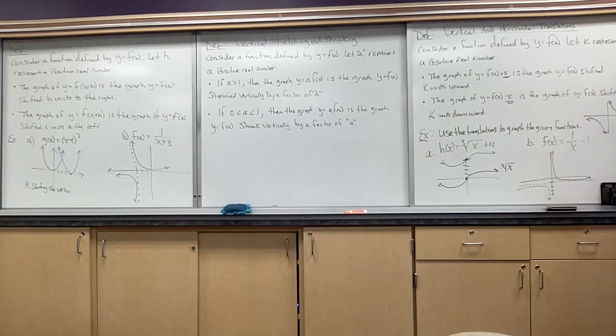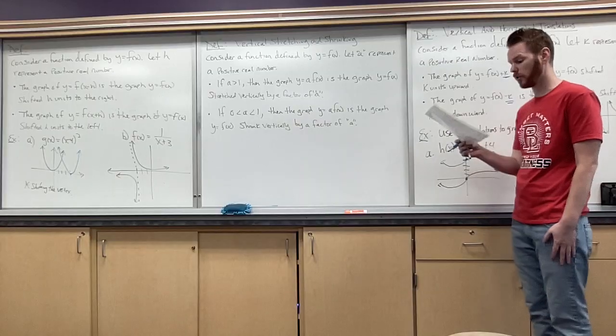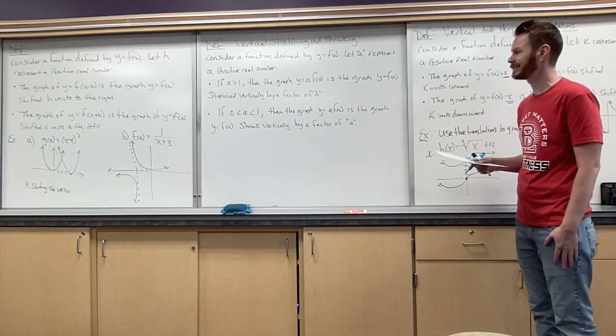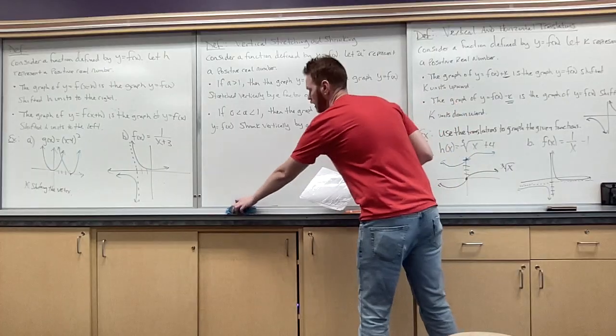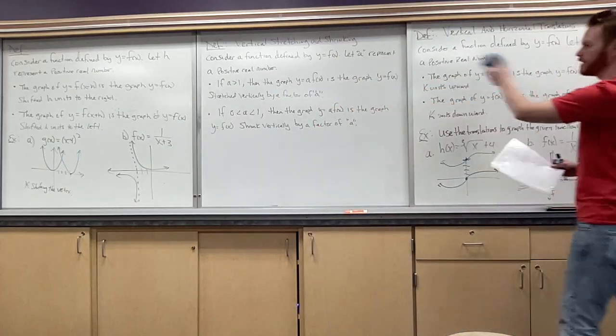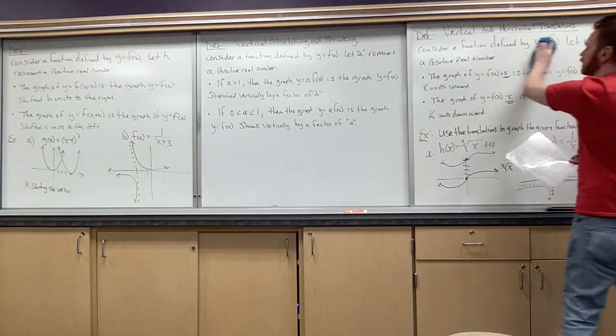So that's the vertical stretching and shrinking. Now we're going to talk about horizontal. Tell you what, I'm going to put the horizontal over here, and then I'm going to put the examples there. That way we have this to look at as we're graphing it.